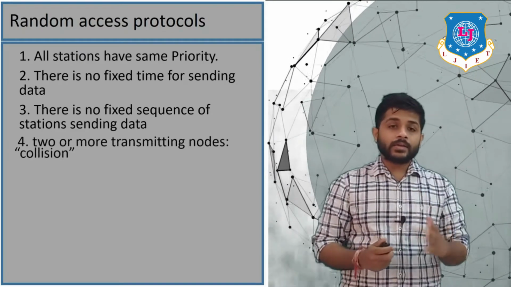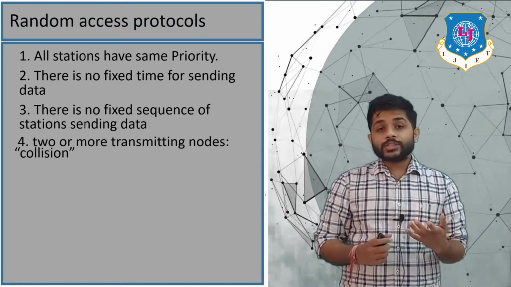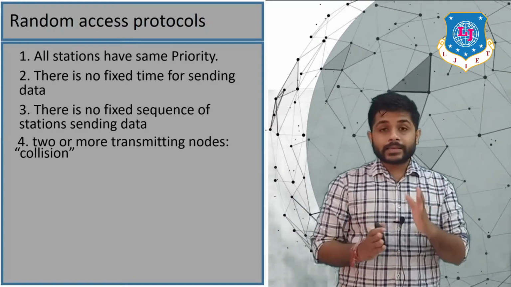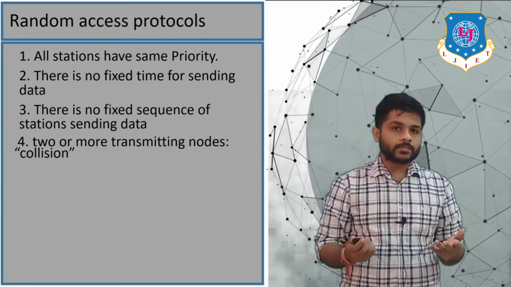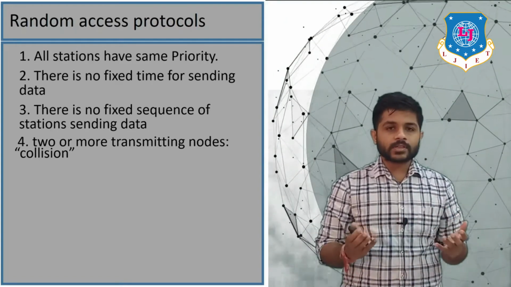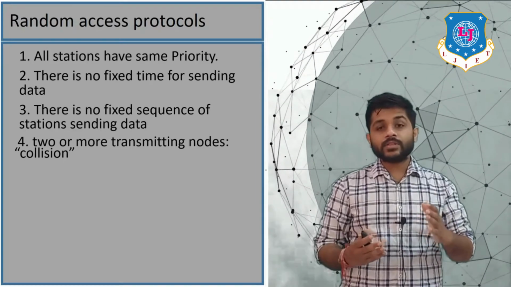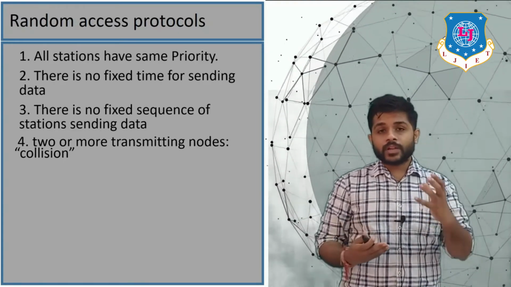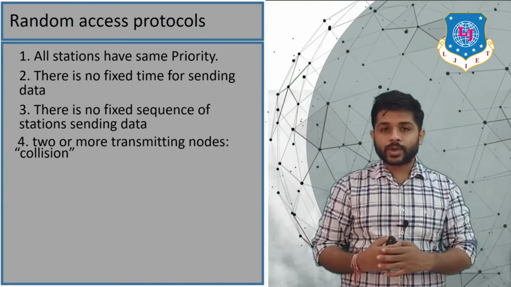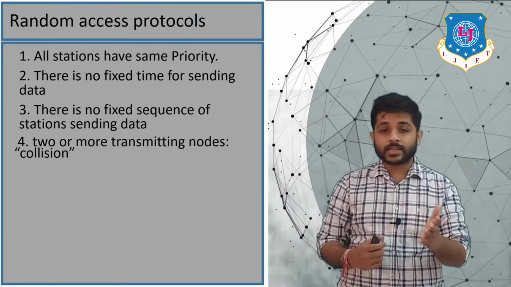The next point in the random access protocol is that if two or more stations send data at the same time, it will create a collision. So it is very obvious, right? Because there is no priority, there is no fixed sequence, and there is no queue, there is a high possibility that the channel all the devices share will be part of a collision, because two or more devices may be sending data at the same time.